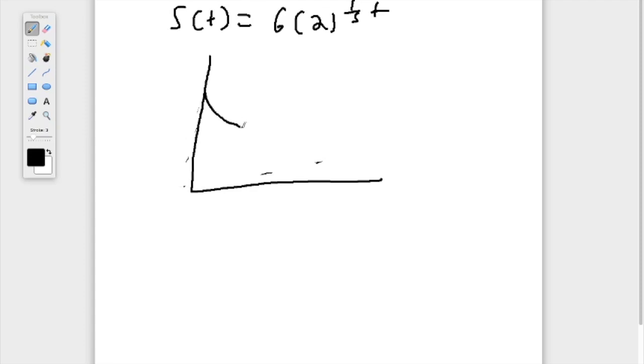I believe. Let me just double check. Let's just say for now it looks something like this. You'll have a better representation of the graph if you graph it on a calculator, but it probably looks more like this.